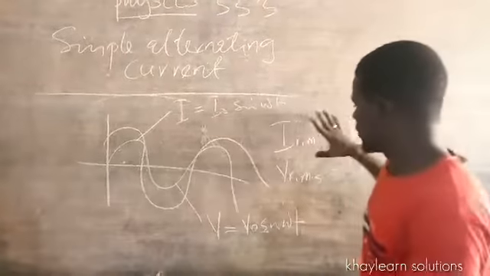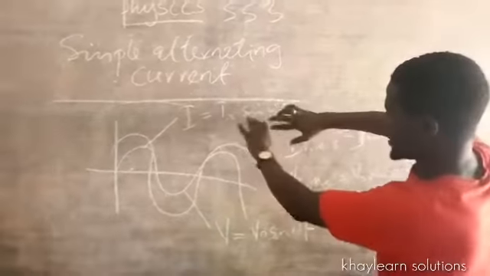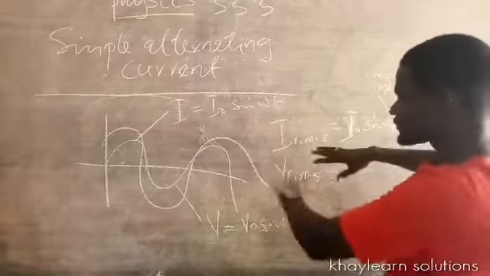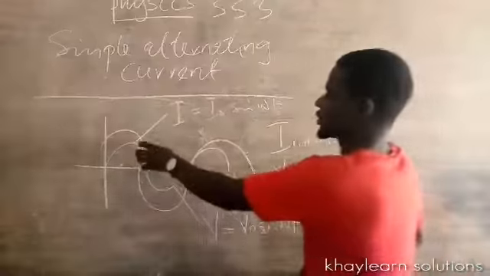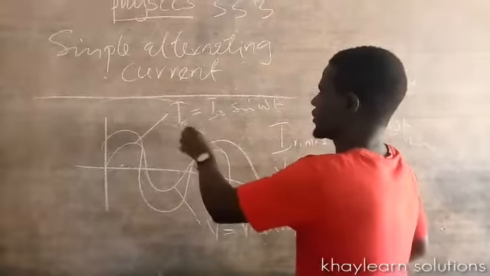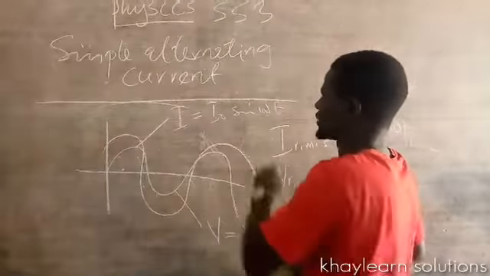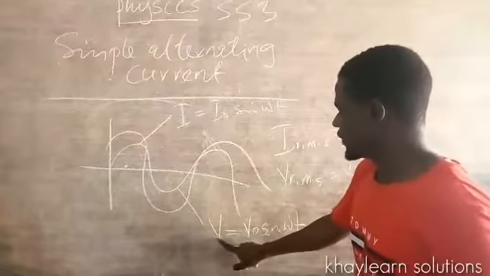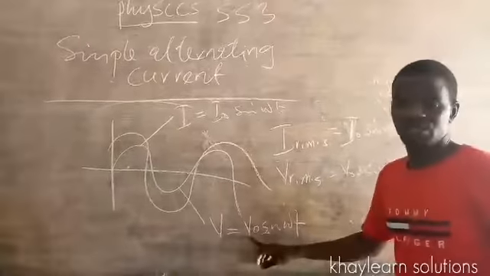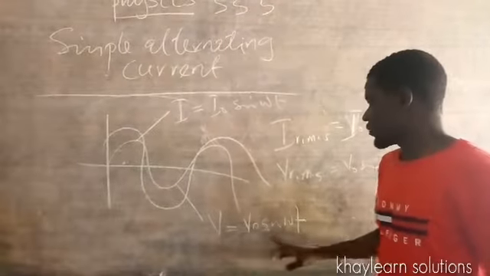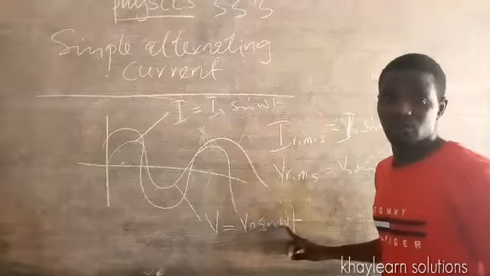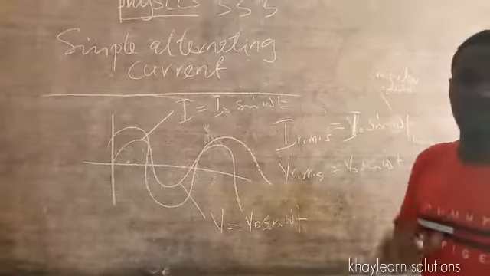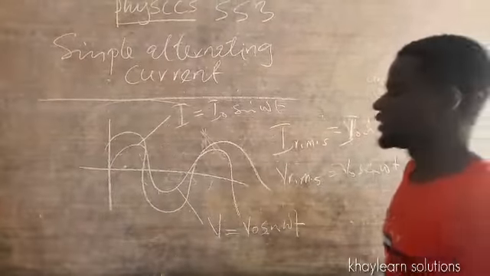This is the nature of the current flowing and the potential difference across the graph here. The current flowing is I equals I naught sine Wt, and this I naught is called the peak current, while the potential difference is V equals V naught sine Wt, and V naught is called the peak voltage. The W here is actually omega, the angular speed of the current and the potential difference.